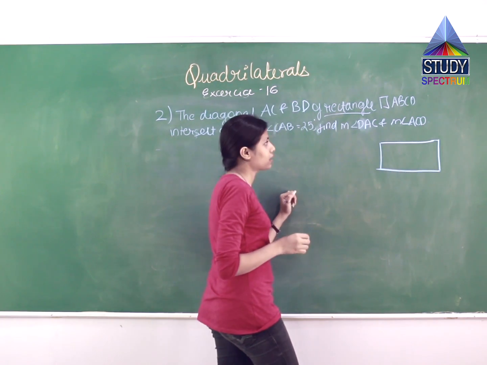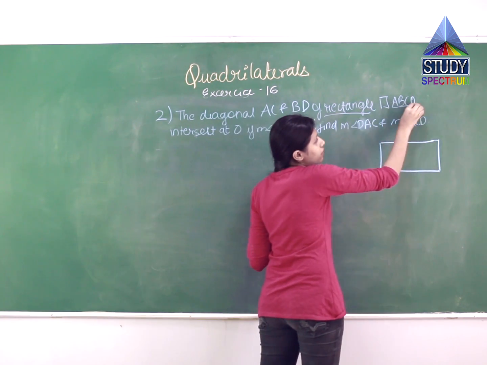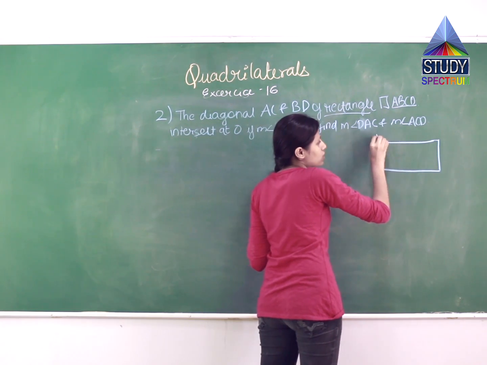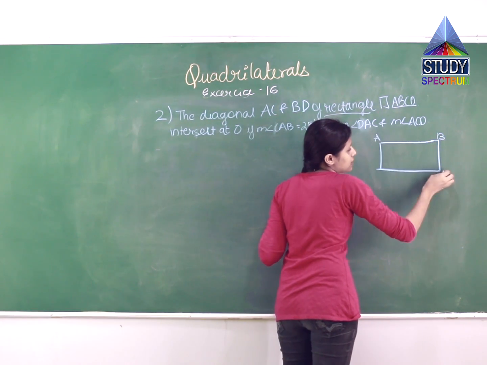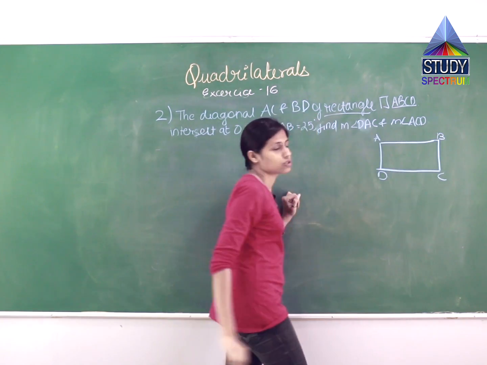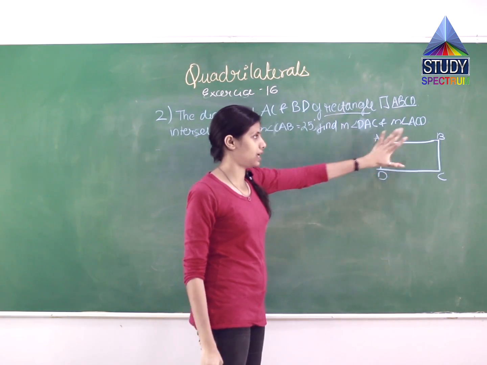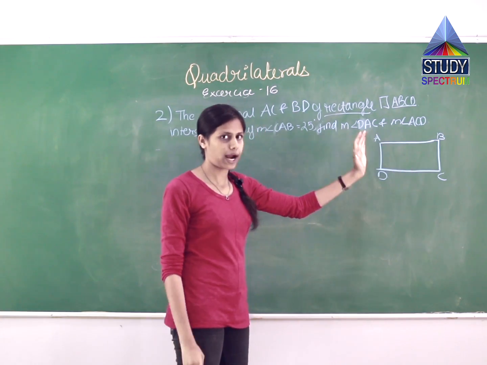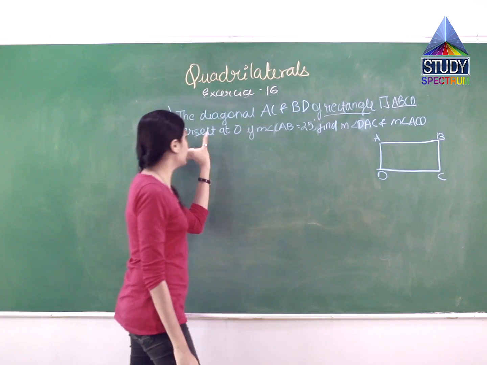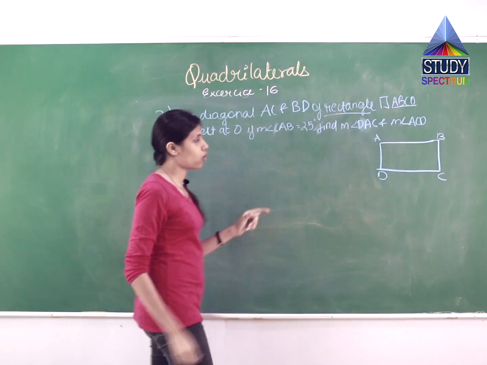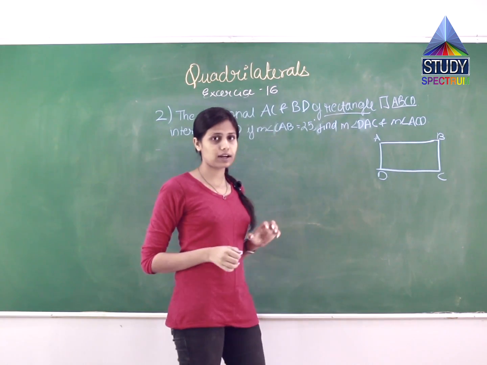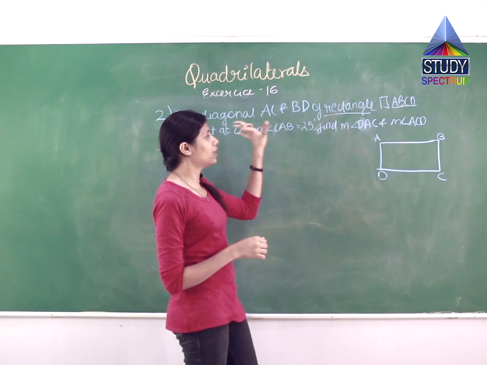This is a rectangle and the name given over here is ABCD. So this is A, B, C and D. So this is a rectangle named as ABCD. Can go anti-clockwise. Now, intersects at O. What intersects at O? Read over here, diagonal AC and BD.